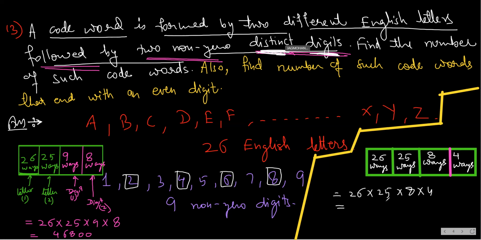I'll go for 25 into 8, and 26 into 4. 26 into 4 is 104 and this is 200. So I got here 20800. These many such codes are possible.